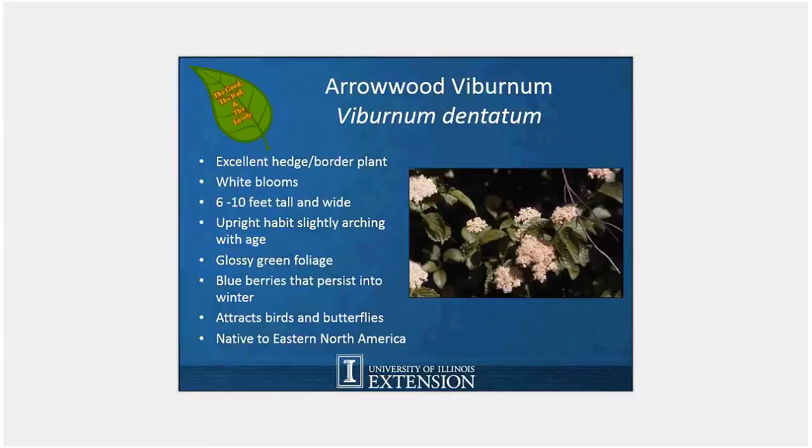What's of, I think, very nice interest is that it has showy blue berries, not blueberries that we eat, but blue berries that do persist again into the winter, and they're attractive to the birds. This one, again, likes full sun to part shade in a well-drained soil, and it has a really nice fall color of yellow to orange or red.